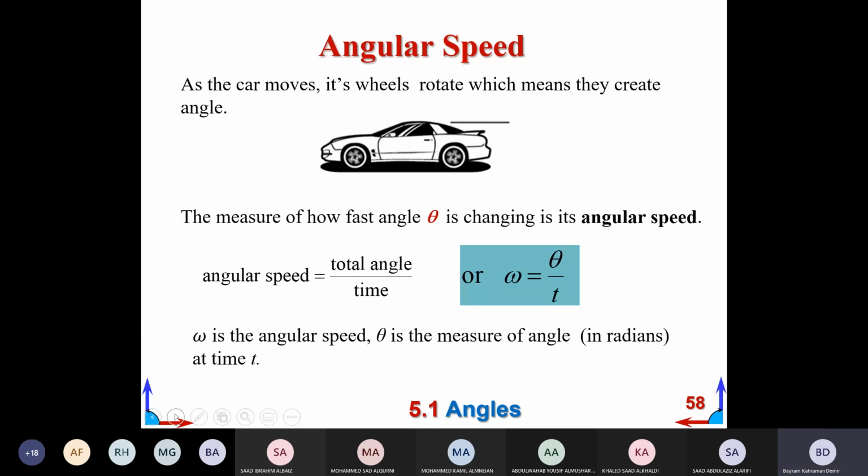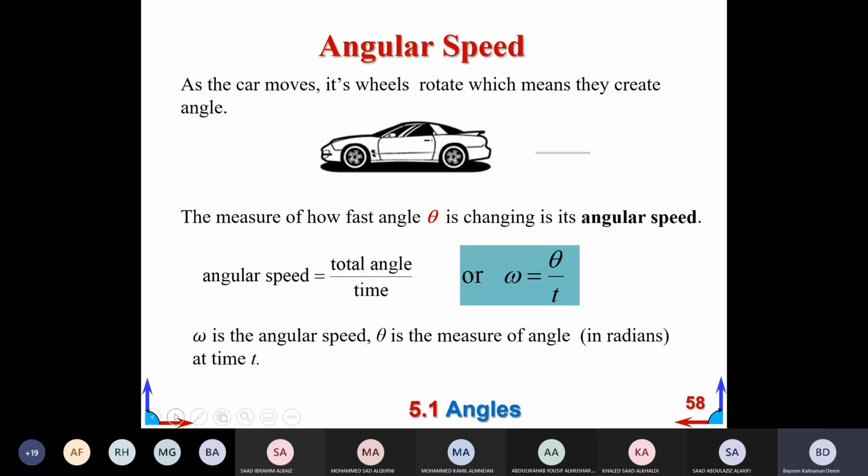Your car tire is going to rotate faster or slower, right? If you rotate fast, it generates a lot of radians, right? Each rotation is 2 pi radians. Imagine how many rotations it makes in 1 second or in 1 minute. So it depends on the speed of the rotation.